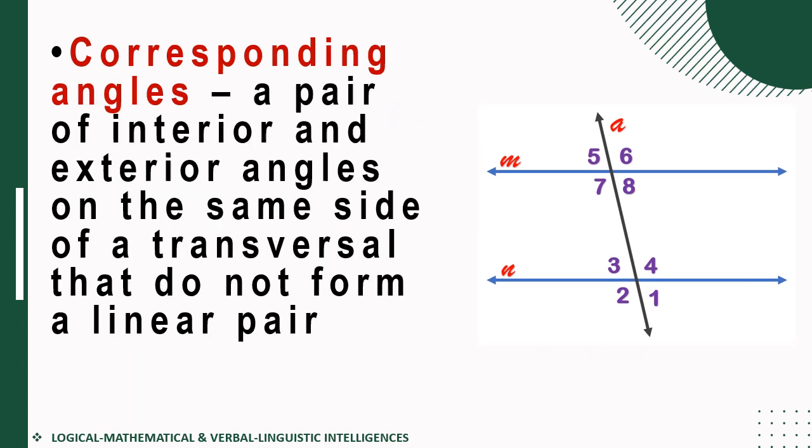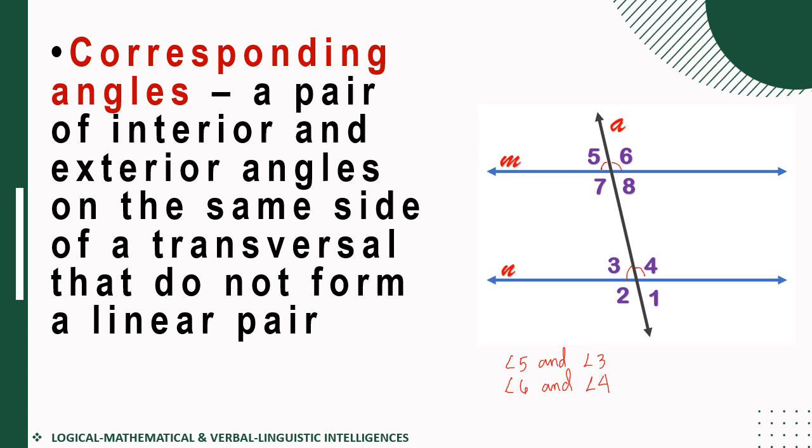Alright. Next, let's proceed with corresponding angles. By definition, let's say for example, we have angle 5. What will be our corresponding angle to angle 5? That would be angle 3. How about angle 6? Angle 6 is paired with its corresponding angle, angle 4.